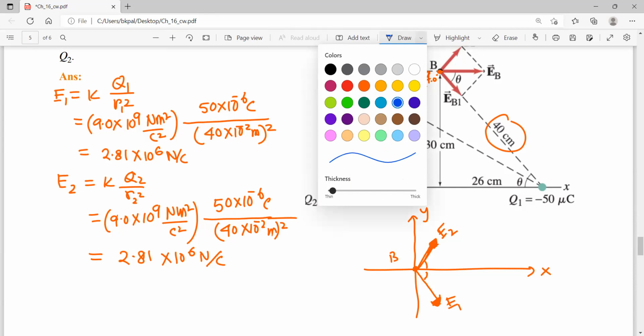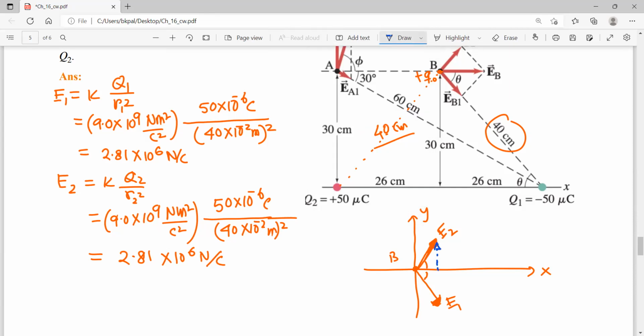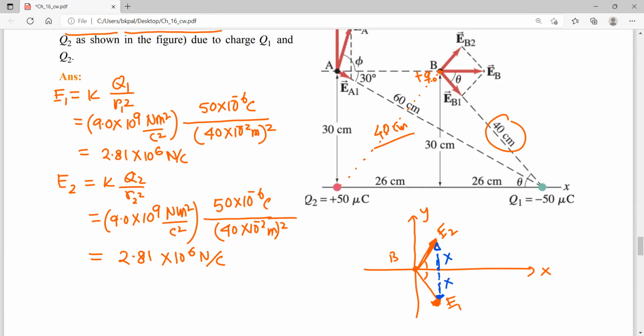The y component for E2 will be in this direction, and the y component of E1 will be in this direction. So by symmetry this will cancel with this one, which tells us there will be no y component. By symmetry E2y will be cancelled out by E1y, because the magnitude of E1 and E2 are the same, and you can show this angle and this angle are the same, so there will be no y component.